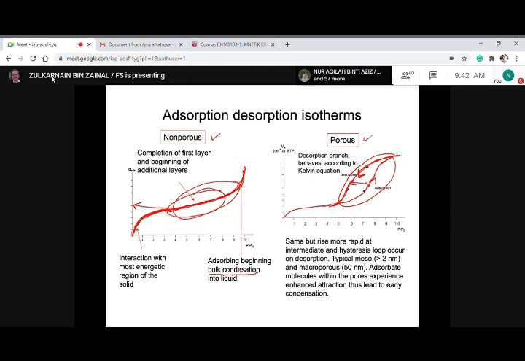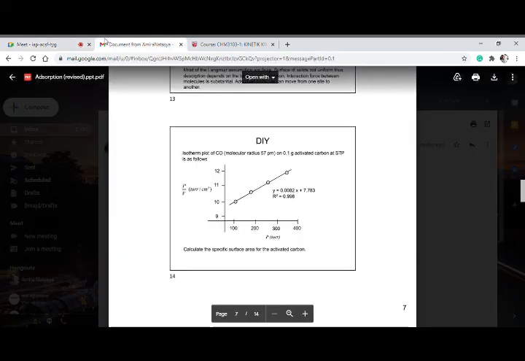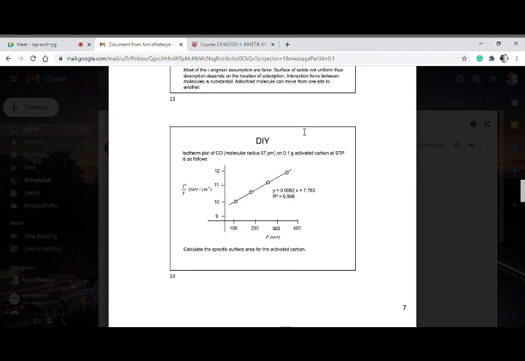Right. So one has hysteresis, one doesn't. The one with hysteresis normally occurs for porous material, and the one with no hysteresis occurs with non-porous material. Okay, so I'll stop there for the adsorption for today.